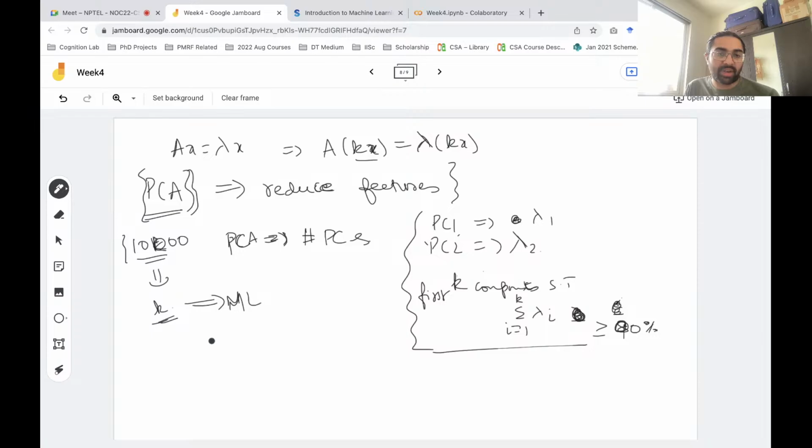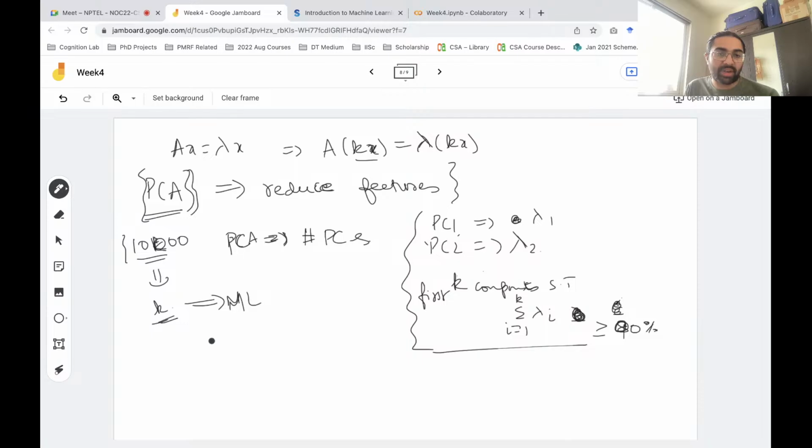Okay, good enough. So this is one thing. The other thing is, there's another use of PCA, which is that you want to visualize the data in the first place, right? So what you do is you just look at the first 2 principal components or maximum first 3 principal components, because we can't visualize beyond 3.